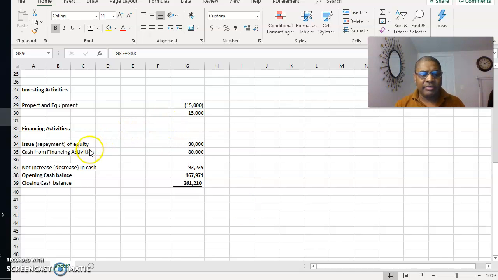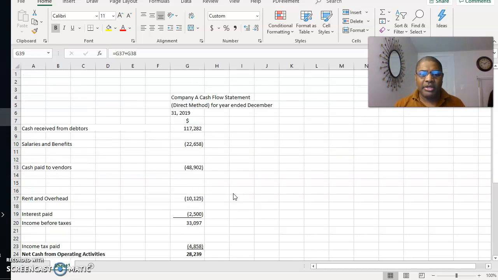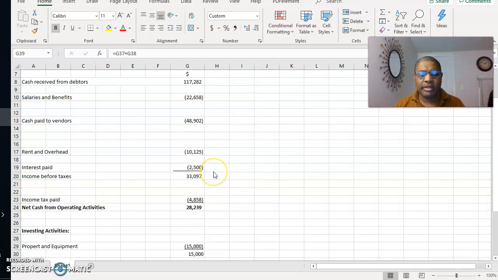In the financing activities, any new amounts received from raising equity capital are included here. And of course, the difference here is the net increase or decrease in cash. Then the opening balance is added to get the closing balance, which is also reflected in the balance sheet. There's not much more to say on this method.